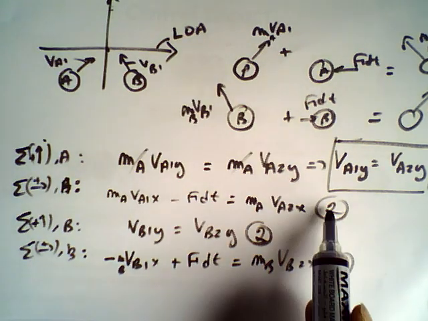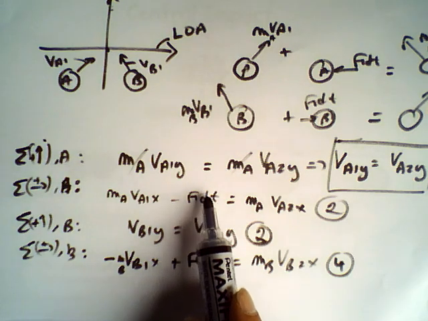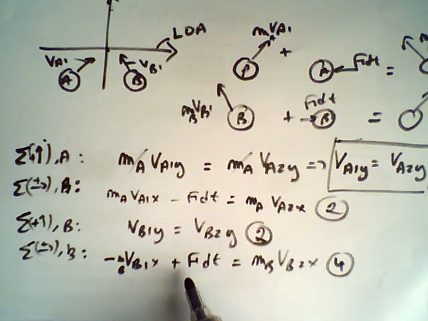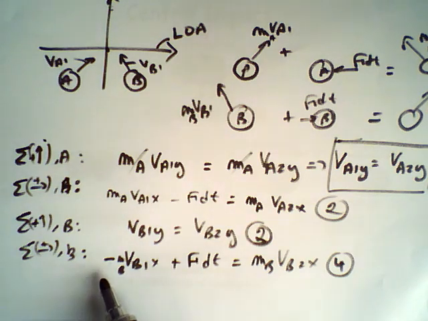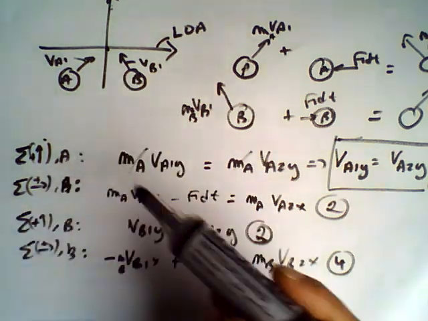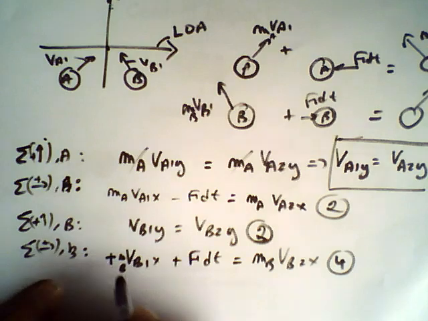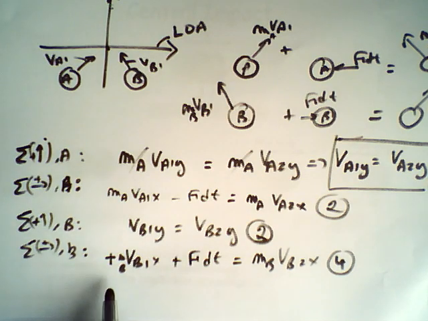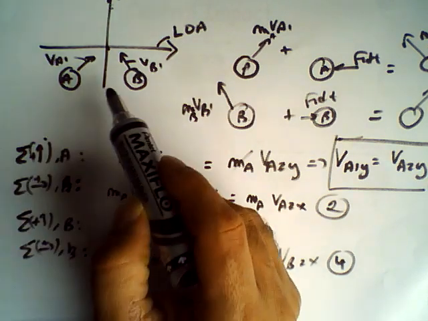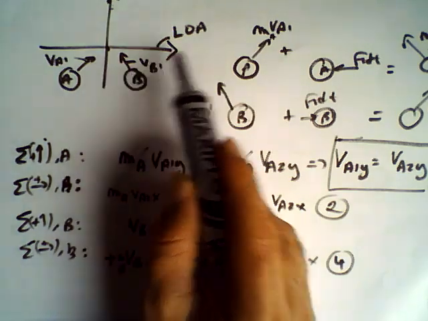If I sum 2 and 4 together, I'm going to be able to cancel FDT, right? You guys agree? Here I put minus because I assume that VB is coming toward the left. But I'm going to keep this positive for you guys. I'm going to assume that all the velocities are positive in the right direction.